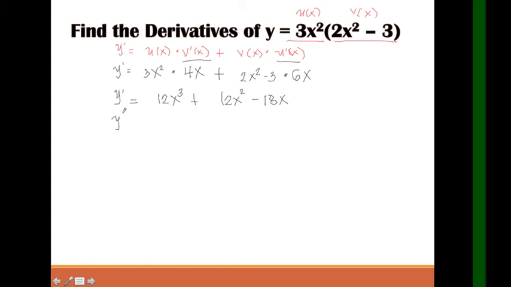And 12 plus 12 is 24x cubed. No, this is cube, I'm sorry. Okay. Then plus, minus 18x. Ayan, nalito na ako.